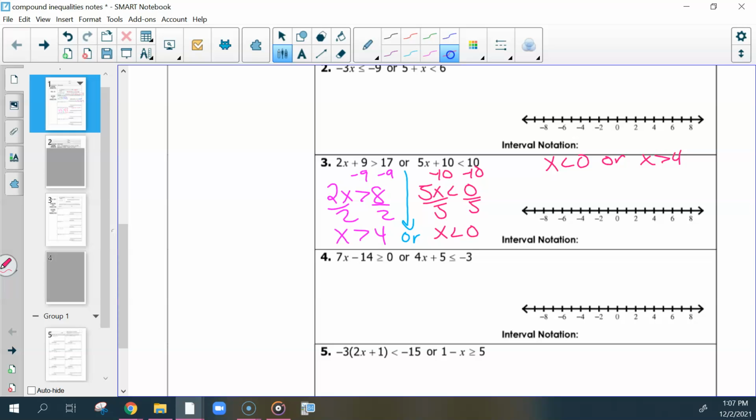But this would be our solution set. And we could graph that. X is less than 0 would be an open circle going to the left. X is greater than 4 would be an open circle going to the right.